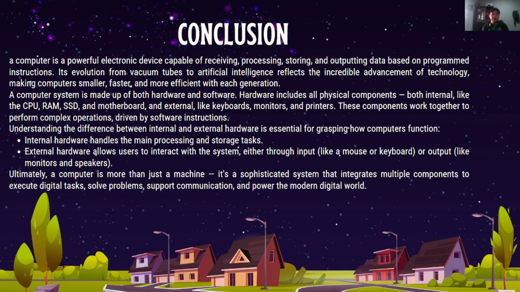A computer system is made up of both hardware and software. Hardware includes all physical components, both internal like the CPU, RAM, SSD, and motherboard, and external like keyboard, monitor, and printers. These components work together to perform complex operations driven by software interaction.